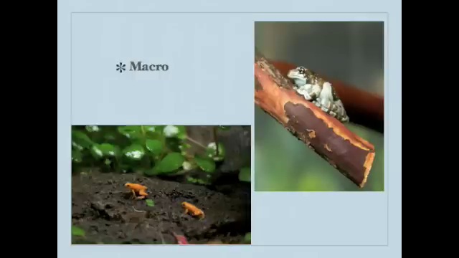Just like the frog on the right, this guy was maybe 1/4 to 1/2 inch long. He was tiny, but because I had my macro lens, I was really able to get a nice shot of him sitting on his little branch there. So look for ways that you can use some of your other photography skills and techniques. It makes for some really interesting zoo photos.